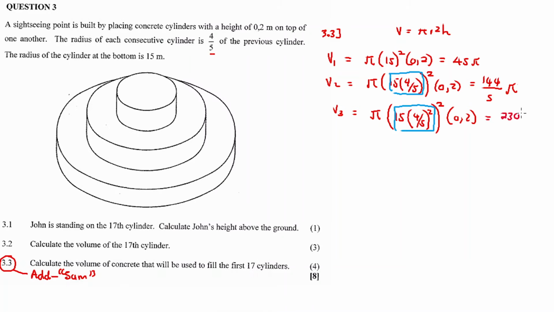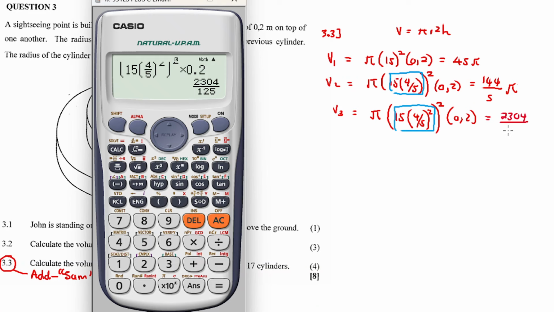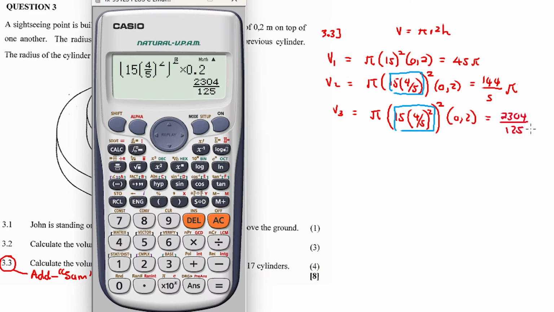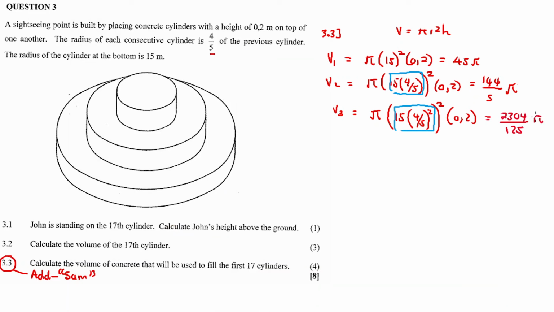Okay, 2304. So stop at volume number 3, because I'm going to calculate all the volumes until volume number 17, and it's going to take us a while if we do that. One thing for sure, this is definitely going to be a geometric series.